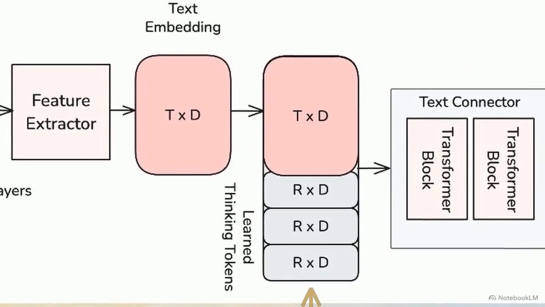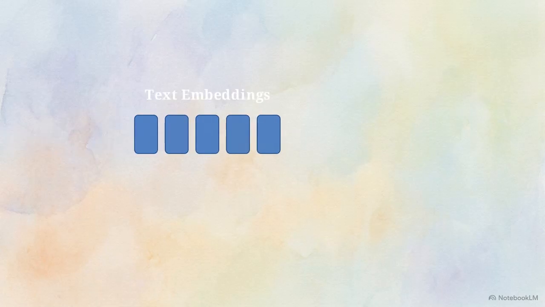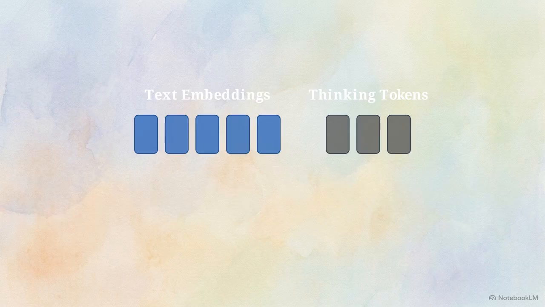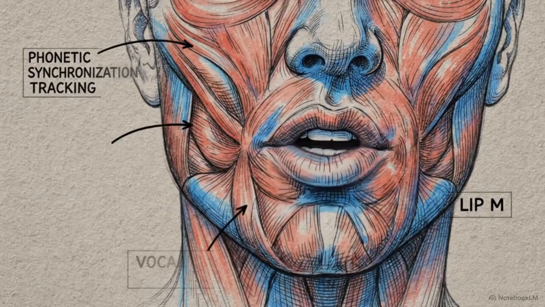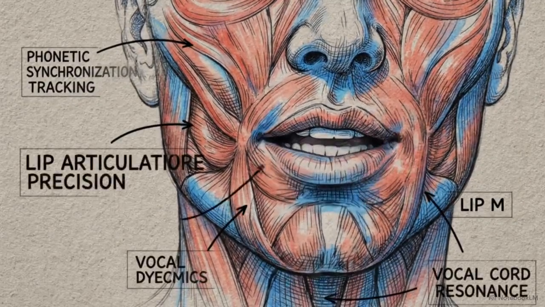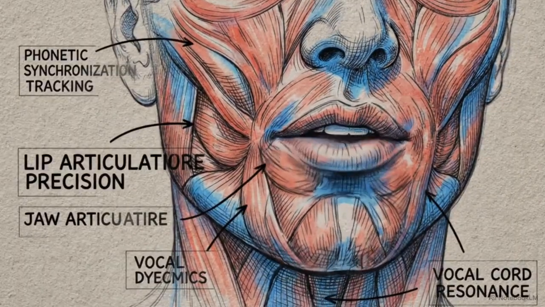Finally, thinking tokens are appended to the embeddings. These thinking tokens act as global information carriers. They allow the bidirectional text connector to process and refine the context before it reaches the diffusion model. By mathematically enriching the text representation, the diffusion transformer receives the precise phonetic instructions required for expressive, lip-synced speech.